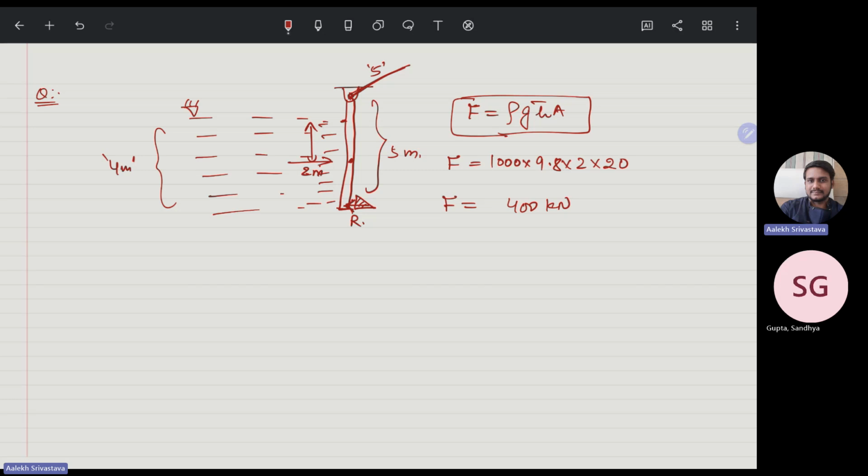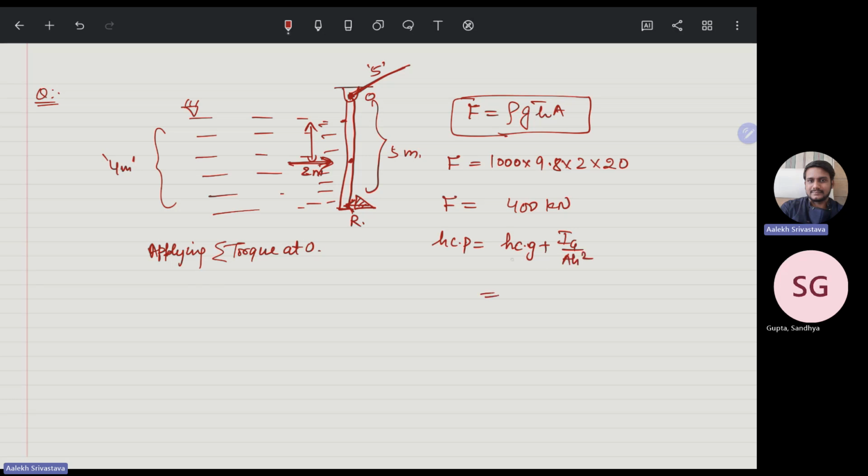Now it says, what is the reaction force. So we will apply torque at this O point. Applying torque at O and equating that to zero because there is no motion happening. So summation of torque at O. This force happens at the center of pressure, which is equal to center of gravity plus Ig upon A h square.